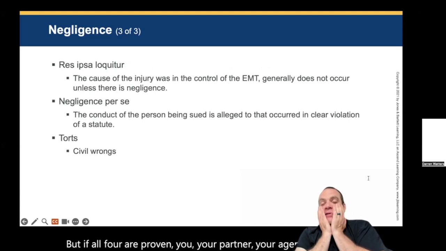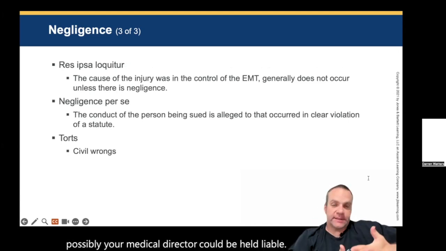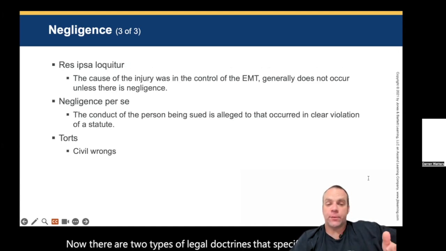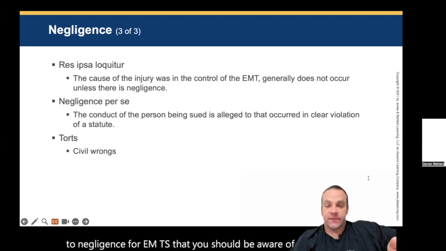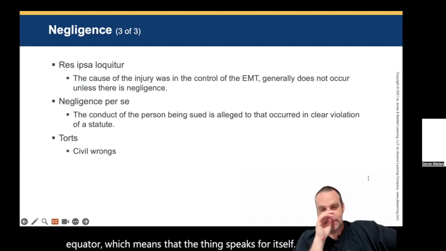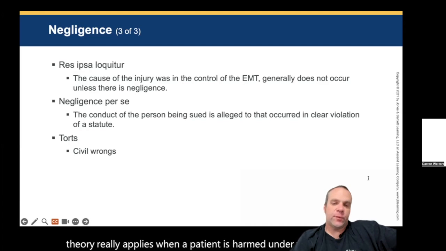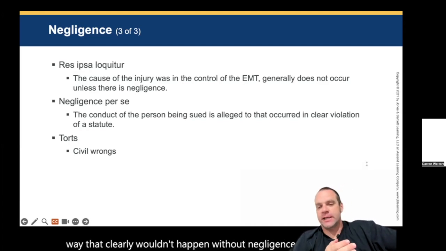Now, there are two types of legal doctrines specifically related to negligence for EMTs that you should be aware of. Res ipsa loquitur, which means the thing speaks for itself. This legal theory applies when a patient is harmed under your care in a way that clearly wouldn't happen without negligence, and the patient is unable to explain how it occurred.